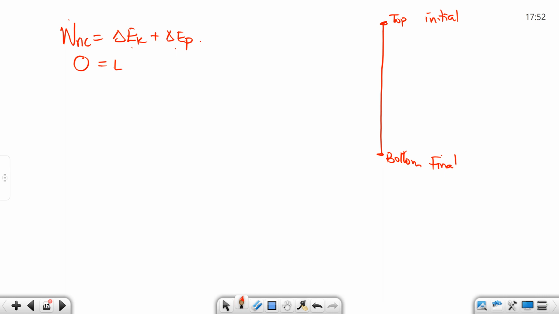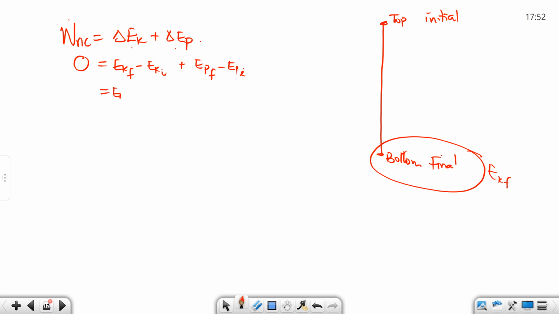So what are we saying here? EK final minus EK initial plus EP final minus EP initial. Please, if you don't read the question, you'll be doing double work. We are looking for the kinetic energy here, EK final. I don't think we should be using half MV squared, because you'll get stuck. We don't even know the velocity.